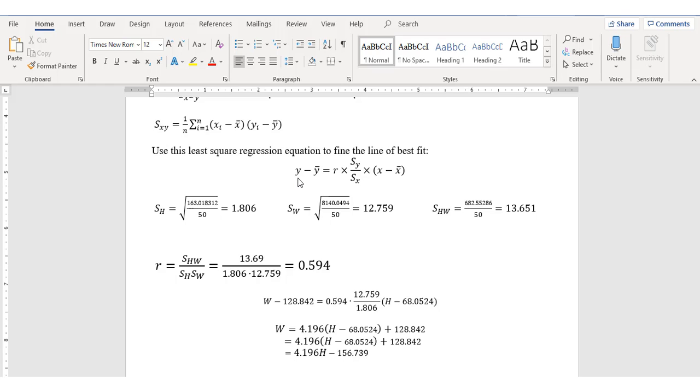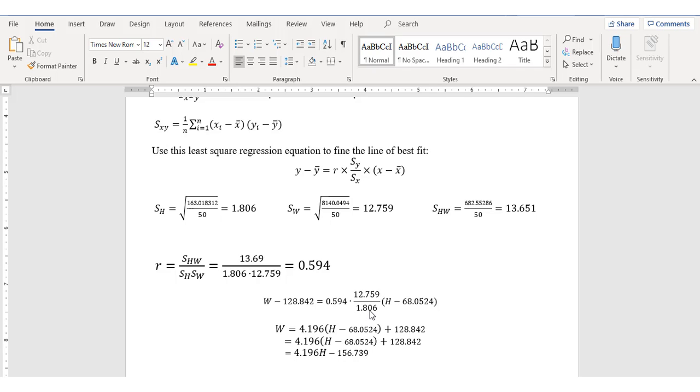For the equation of the linear regression line, we've got to use this formula. So we can use that weight minus average of weight equals, we already figured out this correlation coefficient is 0.594 times the population standard deviation, which is 12.759 for the weight.